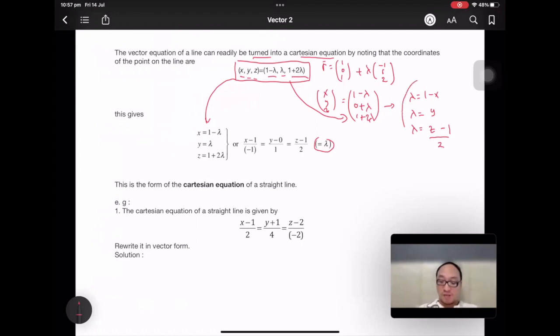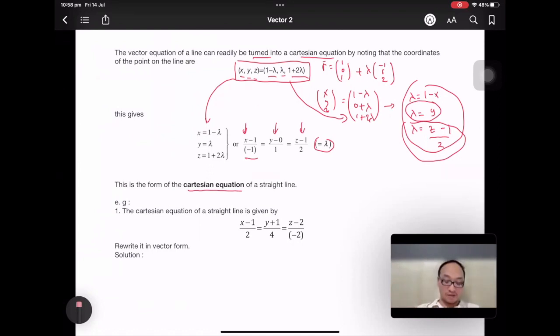So we can make them all the same. We rewrite as x minus 1 over negative 1, because I want to put x at the front as the first term, equals y minus 0 over 1, equals z minus 1 over 2. So this is called the Cartesian equation.